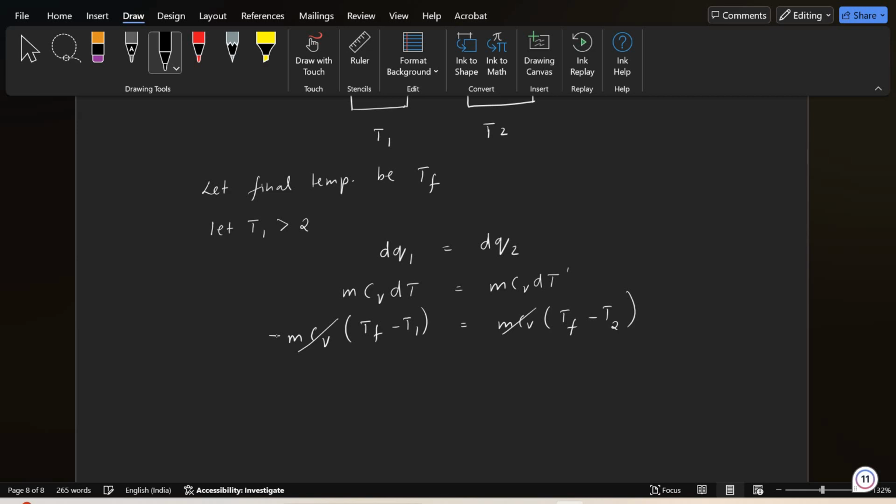So T1 minus Tf is equal to Tf minus T2. So 2Tf is equal to T1 plus T2, which implies Tf is equal to (T1 plus T2) by 2. So this is the final temperature.